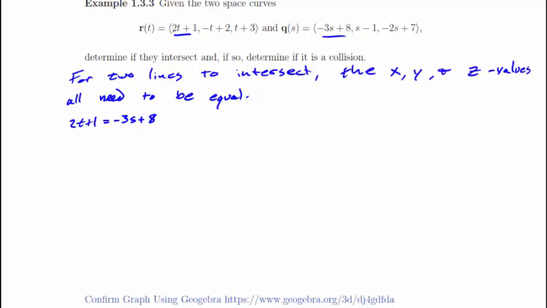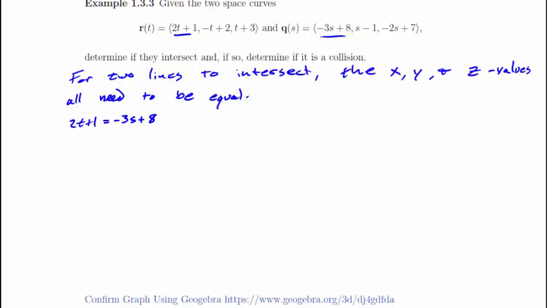The reason we're using two different variables for our inputs is that these times could be different, right? So s is a separate input variable than t. The x values could be the same but at different times. And so the lines could intersect, but the input variables could be different numbers for them to output the same point.